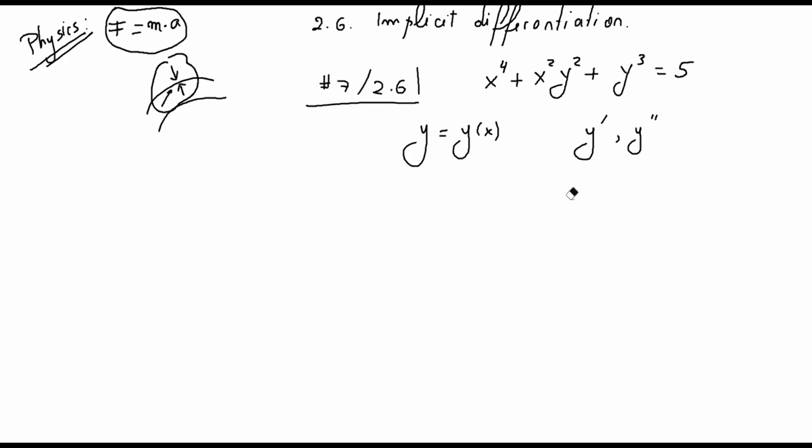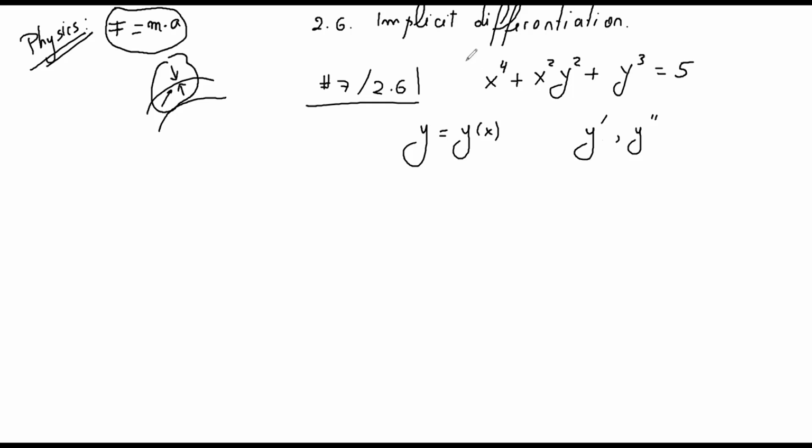So if you can't get your hands on a formula for y, do you still have a chance to calculate its derivative at some point, right? So yes, you do, and that's what the method of implicit differentiation tells us here. So I am going to do that here concretely.